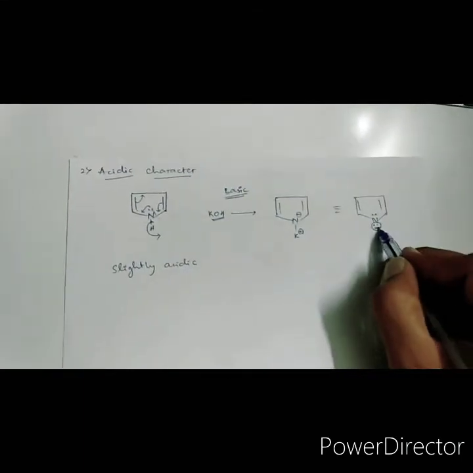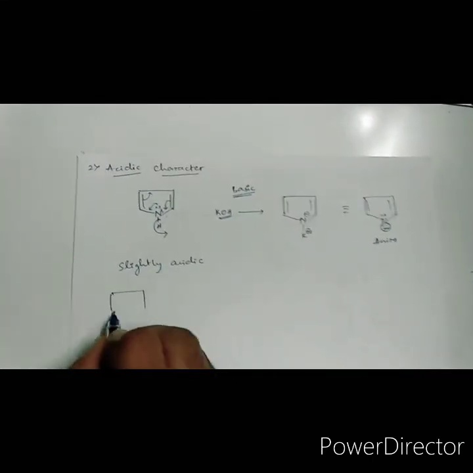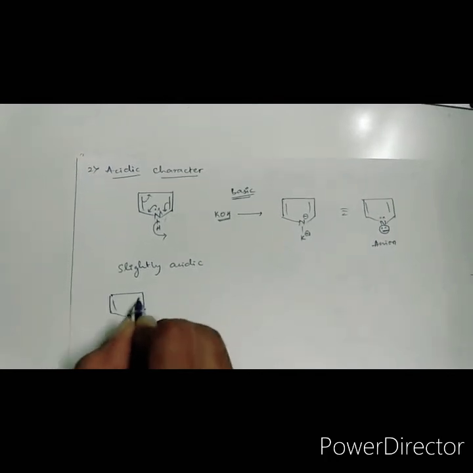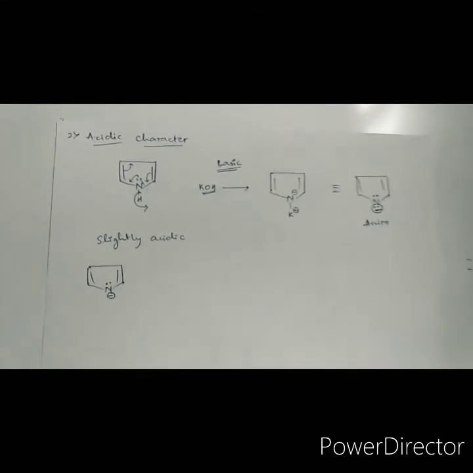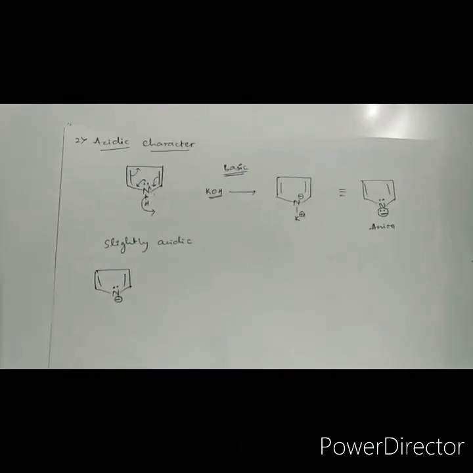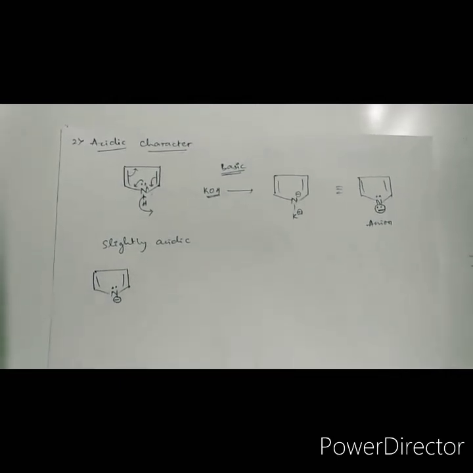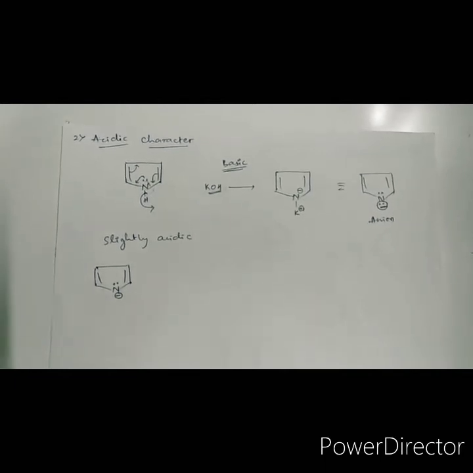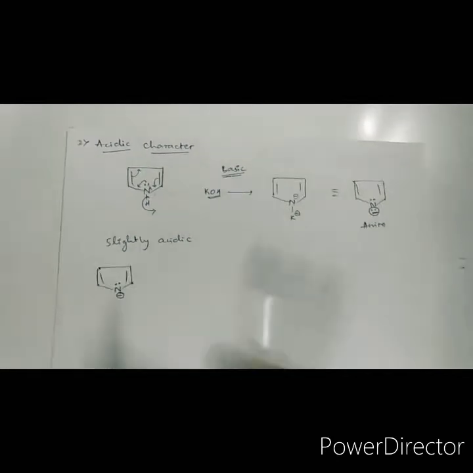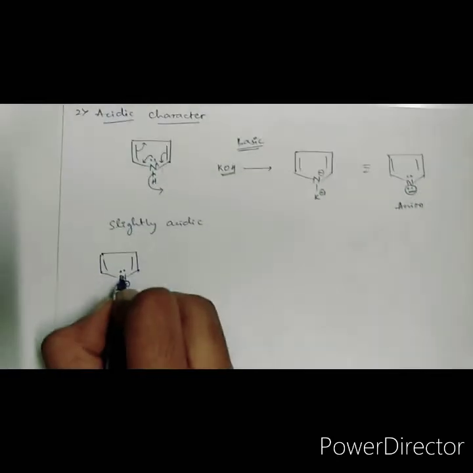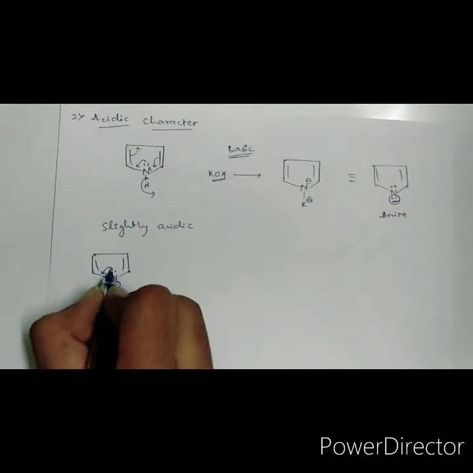Now this negatively charged pyrrole, or you can say anion, undergoes resonance stabilization. We have already seen the resonance stabilized structures of pyrrole in the last video that I had uploaded. In that we had seen how pyrrole is stabilized by resonance structures and how it has different resonance structures. So in this we will see how this negative ion or anion is stabilized by the resonance. In this case, the lone pair of electrons, or you can say the negative charge, is displaced to the adjacent carbon.